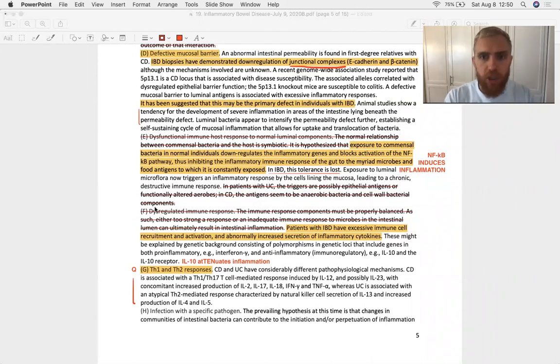The APC gene, if you lose it, allows for unimpeded cell growth. And so if you have downregulated E-cadherin beta-catenin, what that's telling me is that they're all translocated to the nucleus and binding to their promoter site.